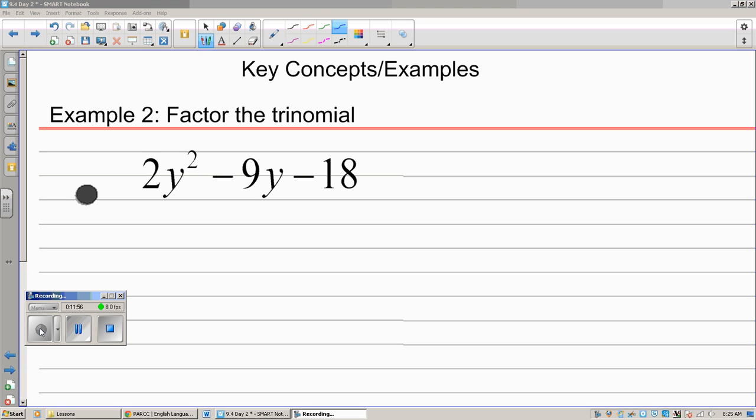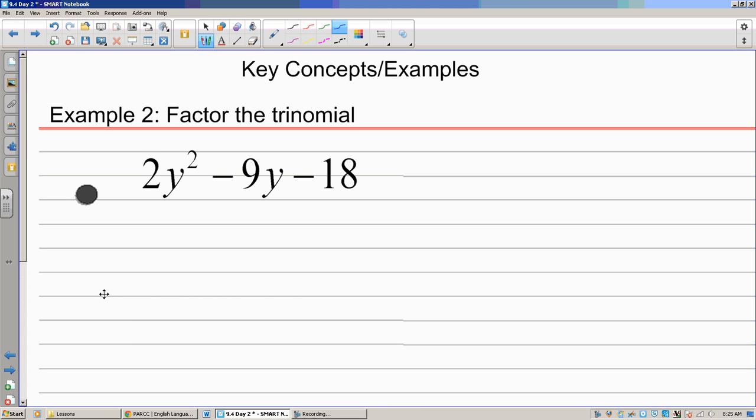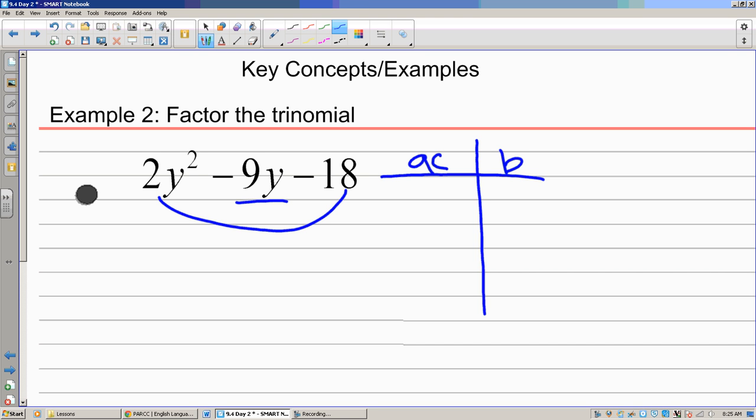Alright, so I knew I had to figure out AC, or what multiplies to AC and adds to B. So I made my T-chart. And then I did negative 18 times 2 and got negative 36.